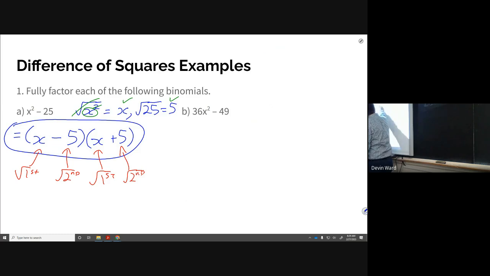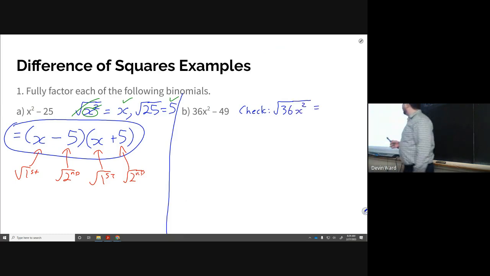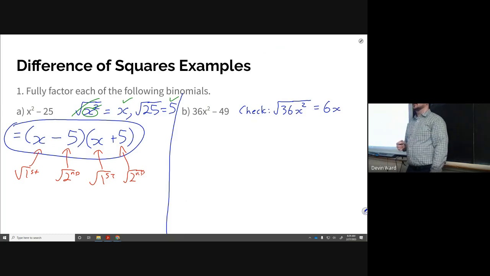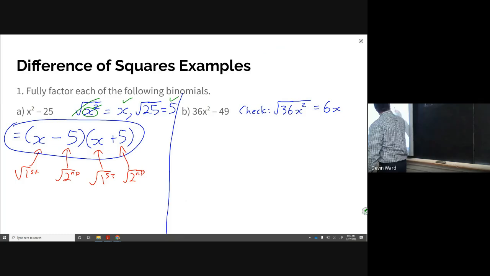Okay, next one, B. 36x squared minus 49. So we want to check the square root of 36x squared. 6x. Perfect. The square root of 36 is 6, and the square root of x squared will just be x, so it gives us 6x. So we do the square root of our number and the square root of the variable both.